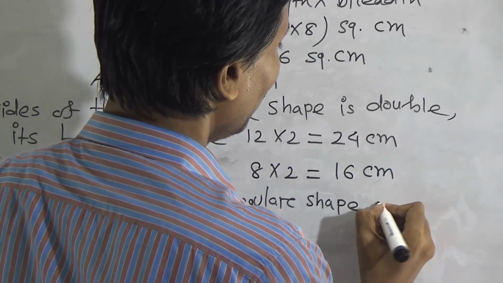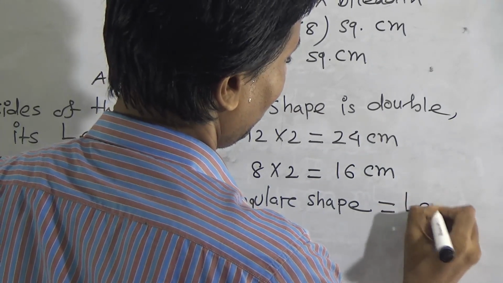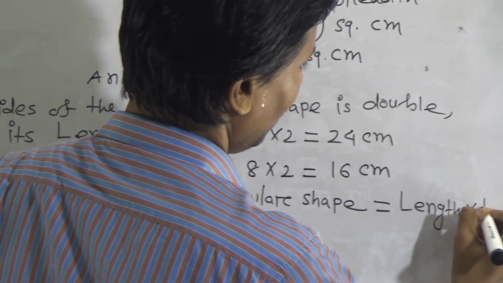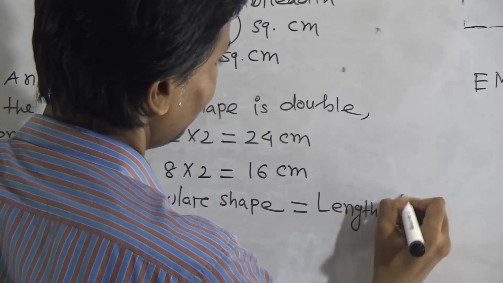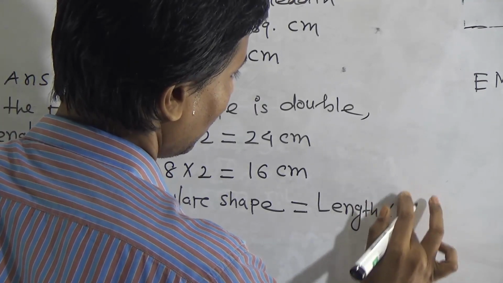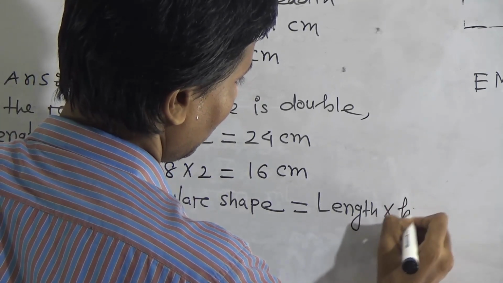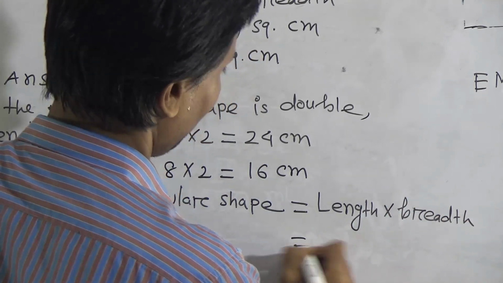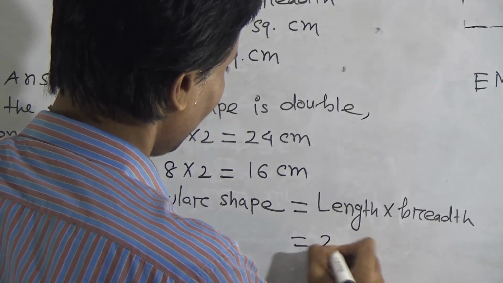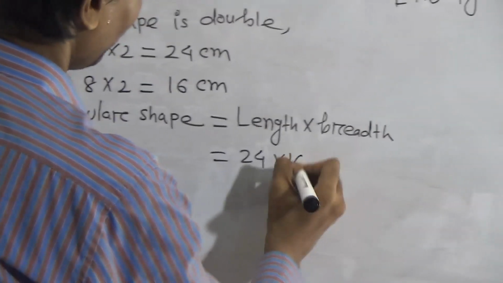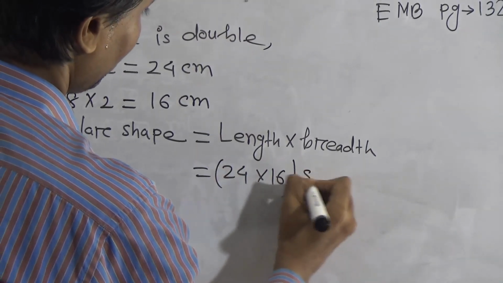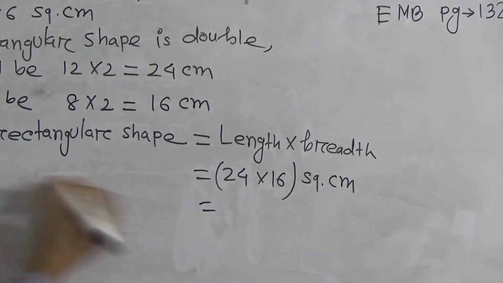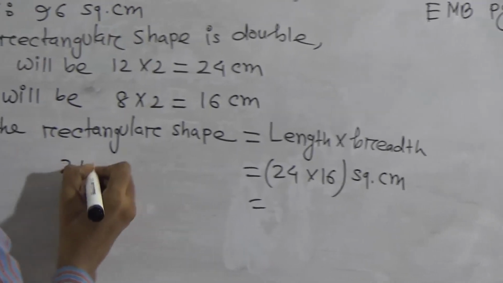Length into breadth, length 24 into 16 square centimeter. Now you have to multiply.